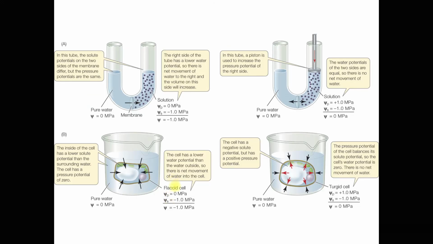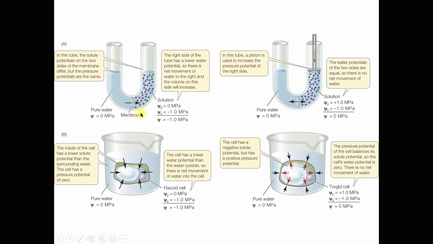So now we have 4 conditions here. The first one is like what I've already explained earlier. For example, in this U tube here, pressure is not being applied, so the pressure potential is 0. Let's say the water here has already been added with solute. So this is a solution here, and given the solute potential is negative 1 megapascal.